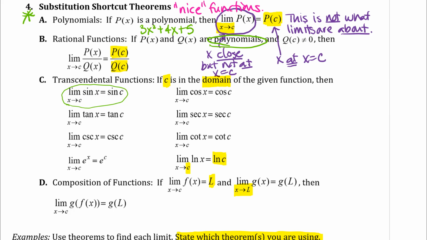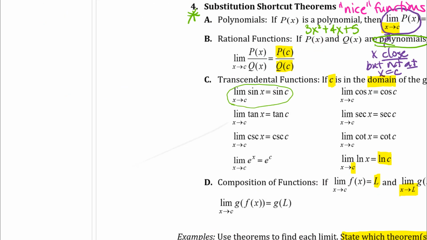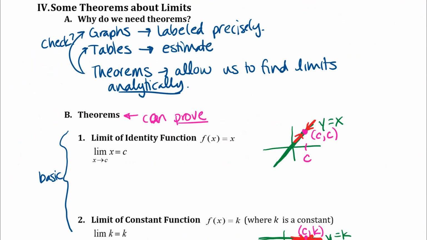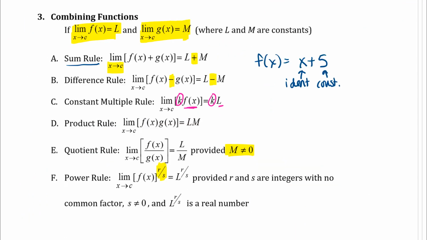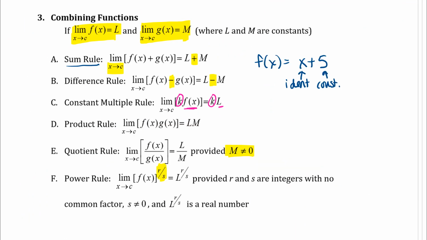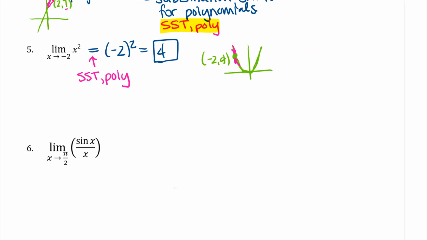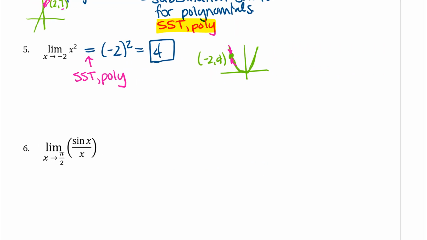And then I had some theorems in the previous item on our outline here, item 3, some theorems about combining functions. So I did have a theorem about combining functions that involved a quotient, which is what I have here. For this example, I'm going to have to cite a couple of different theorems. So I'm going to write down my work and then write down which theorems I used.